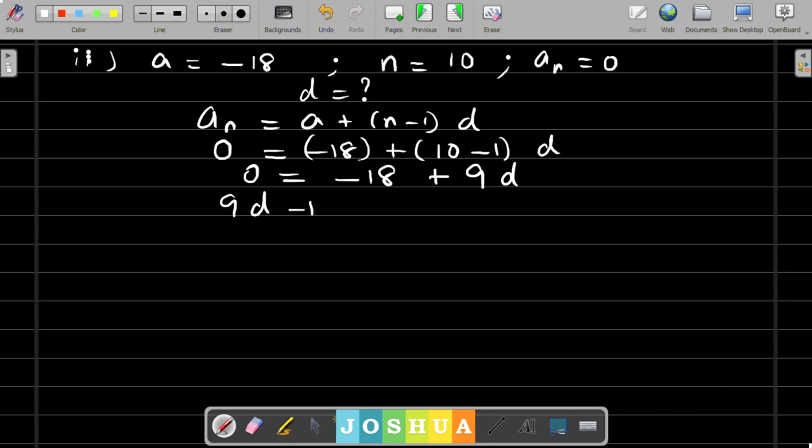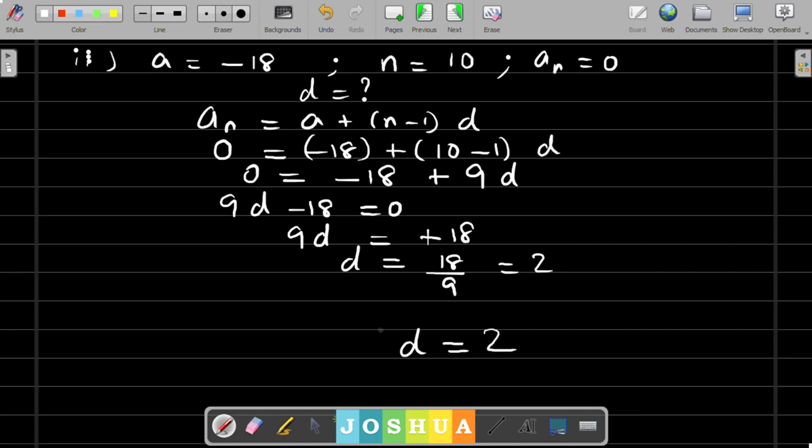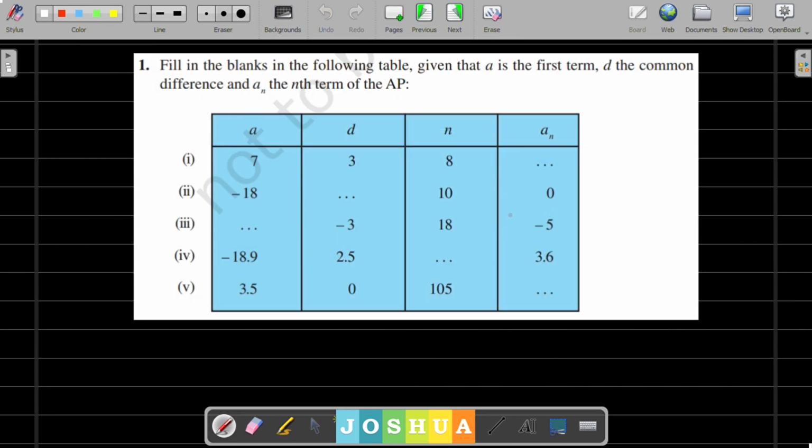Okay, so in this case it is minus 18 plus 9d is equal to 0, or I put it in another way, 9d minus 18 is equal to 0, or 9d is equal to plus 18, or d is equal to 18 upon 9, that is equal to 2.